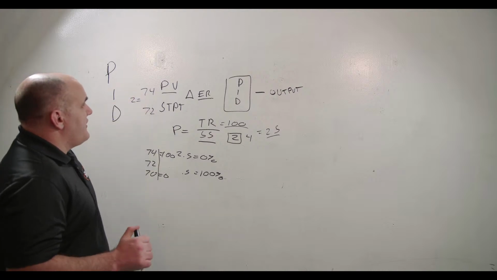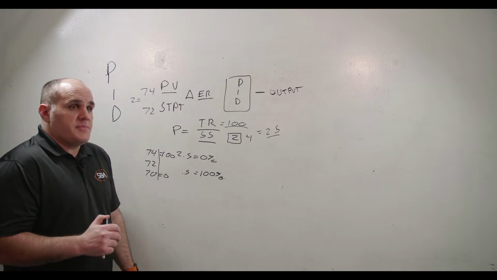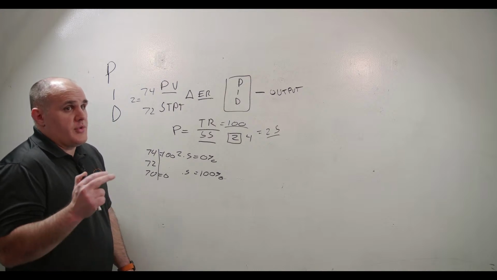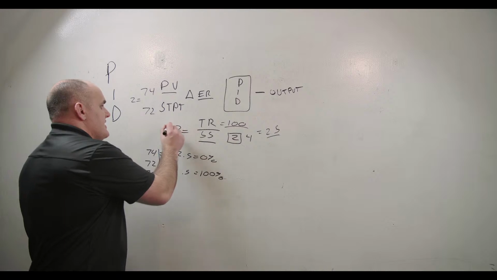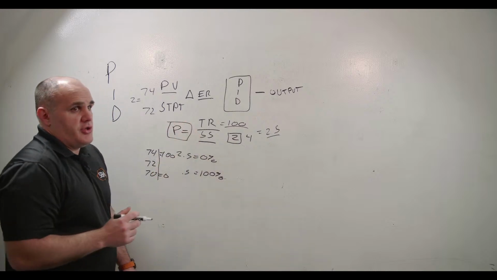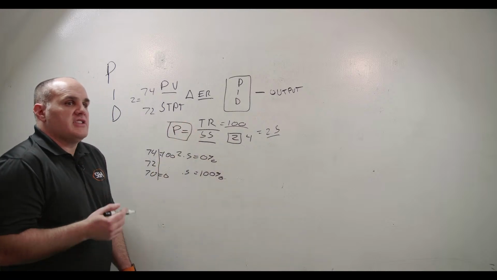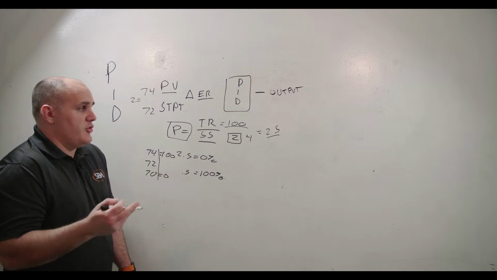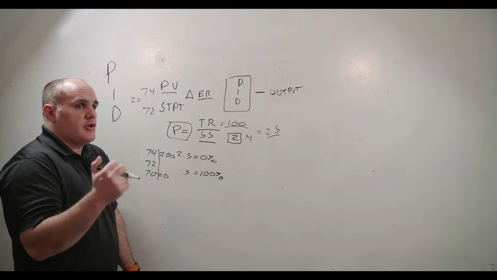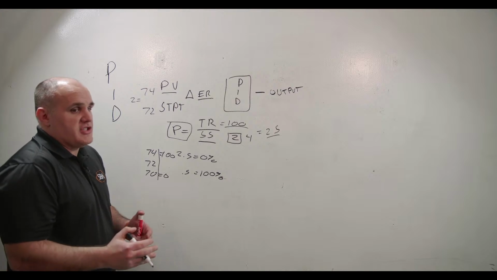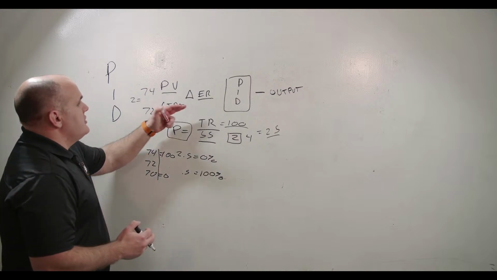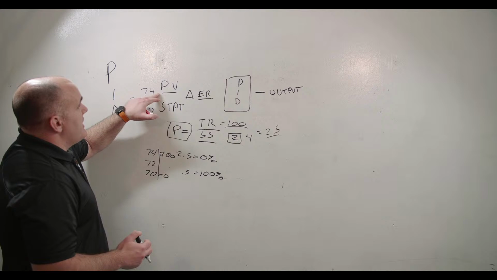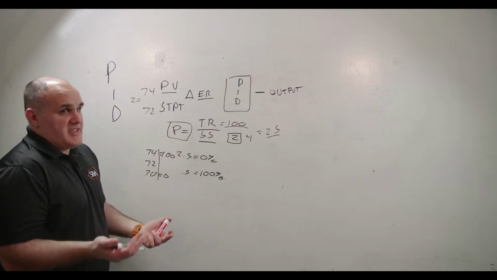And that's why oftentimes when you see loops that aren't reacting fast enough or are reacting too fast, most of the time it can be traced back to proportional issues. Because integral is an accumulative aspect, and we'll talk about that more in just a second. Integral accumulates, whereas proportional is a direct proportional response to deviations between process variable and set point, known as error.